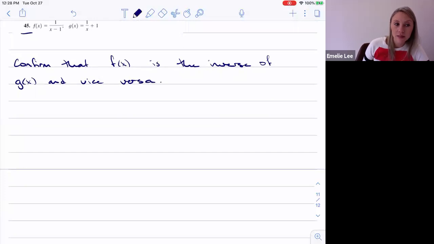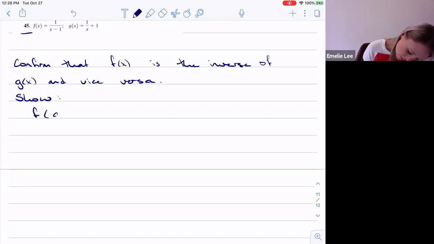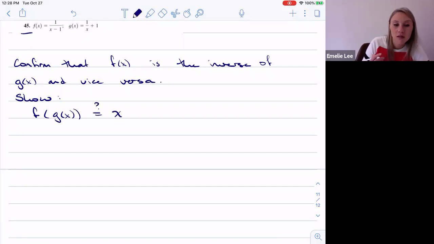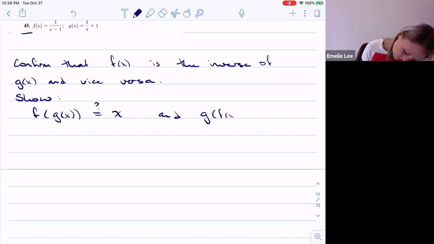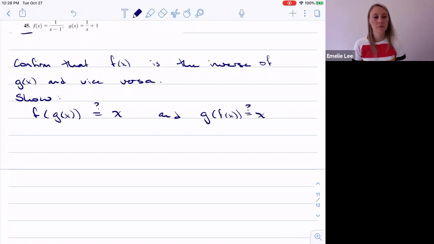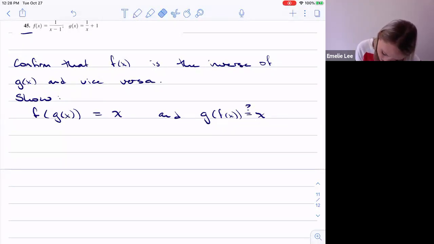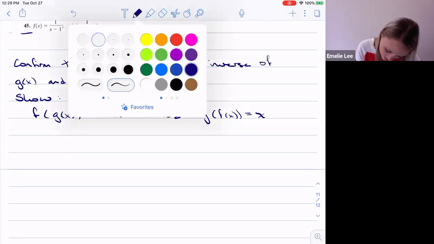What that means is that we show that f composed with g of x is equal to x, and that g composed with f of x is equal to x. I'm stating that that's what I need to show.